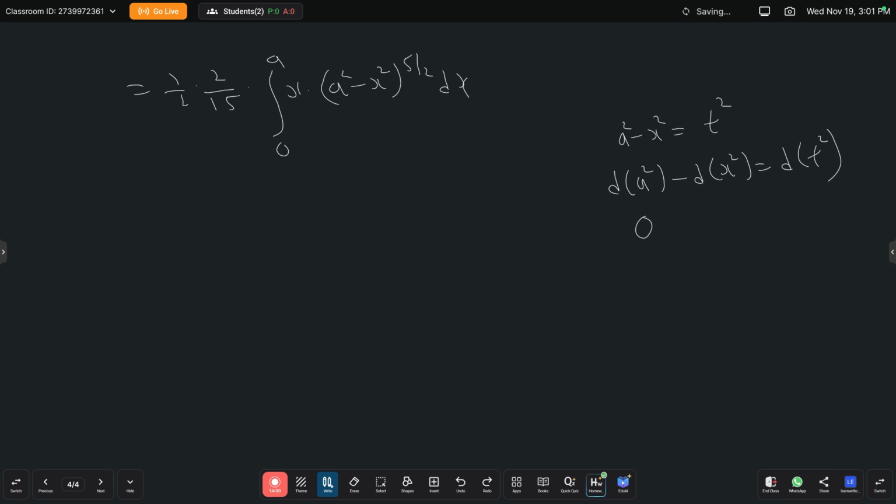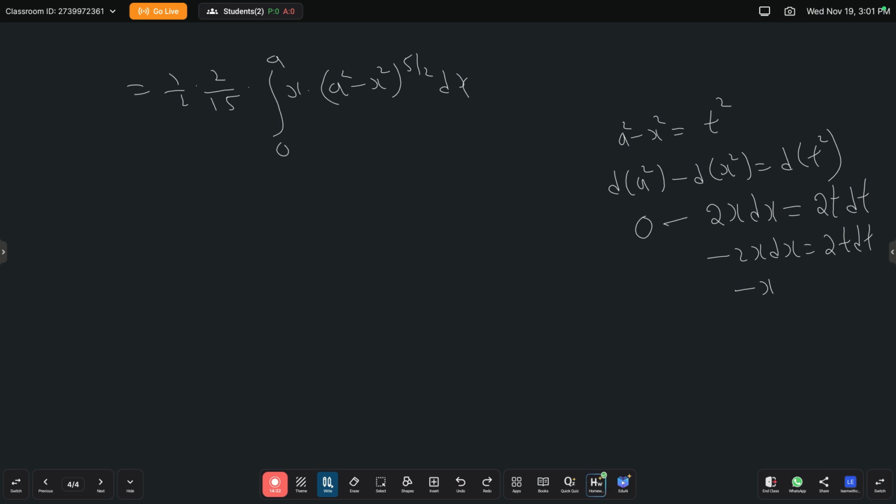Derivative of a constant is always 0, minus the derivative of x square, which is 2x dx, because the derivative of x power n is n into x power n minus 1. So the derivative of x square is 2x dx. The derivative of t square is 2t dt. So here minus 2x dx is equal to 2t dt.